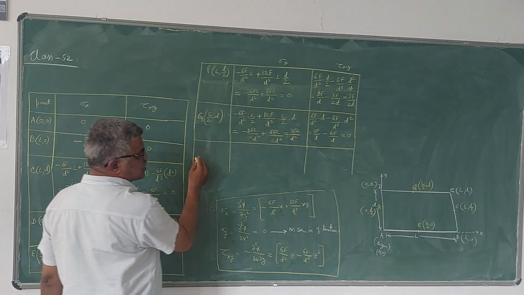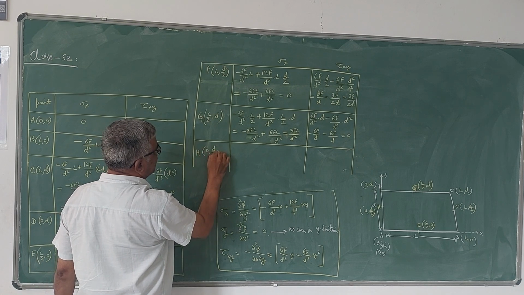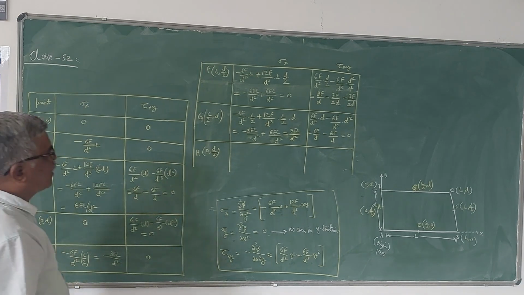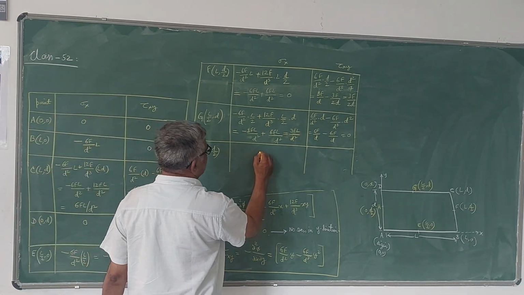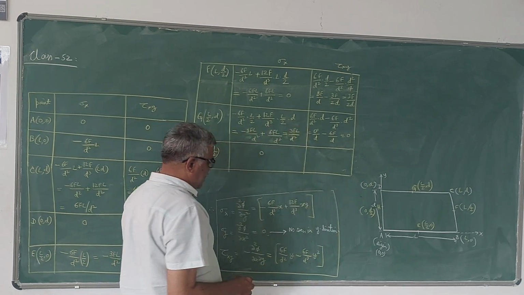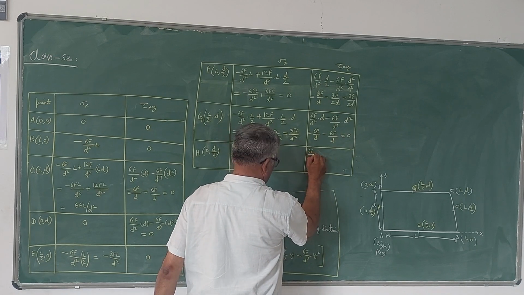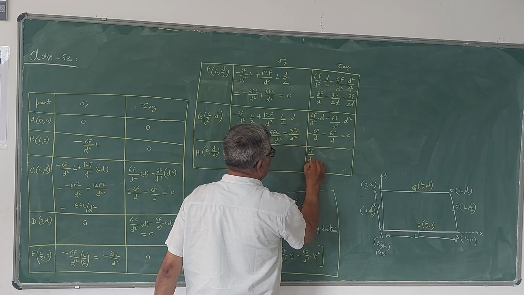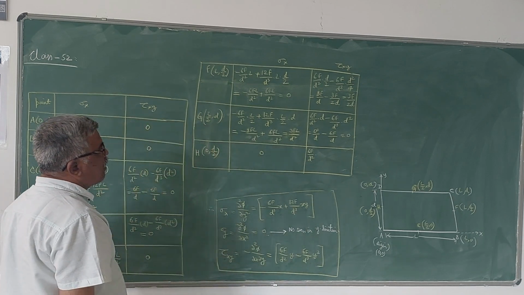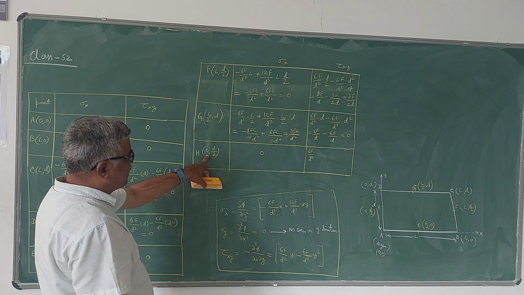Next, lastly, H: 0 comma d by 2. Put x is equal to 0, which means the first term becomes 0. In here, only the y value has to be put, d by 2. So 6f by d square, the same value as before.